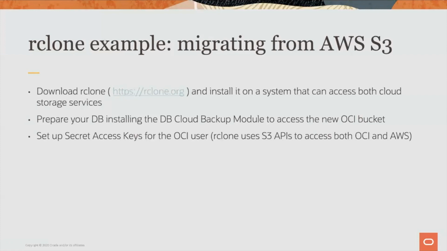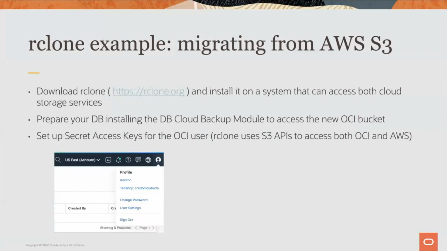So you specify all those parameters for user OCID, tenancy, bucket name, etc., based on the target destination where you are going to move your backup to. You set up the secret access keys for the OCI user, and you have to do this because rclone uses S3 APIs to access OCI as well as AWS. So you need to set up these secret keys.